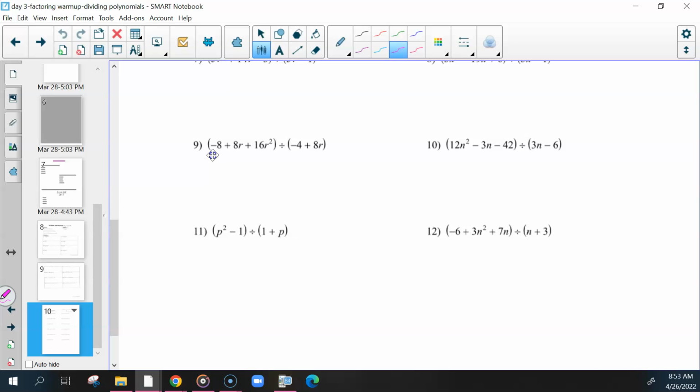So if we left it, we can divide out a GCF. Usually we divide out a negative or positive depending on the first term. So for this one, I'm going to consider 16 to be my first term and just make it a positive 8. So that would leave negative 1 plus r plus 2r squared.